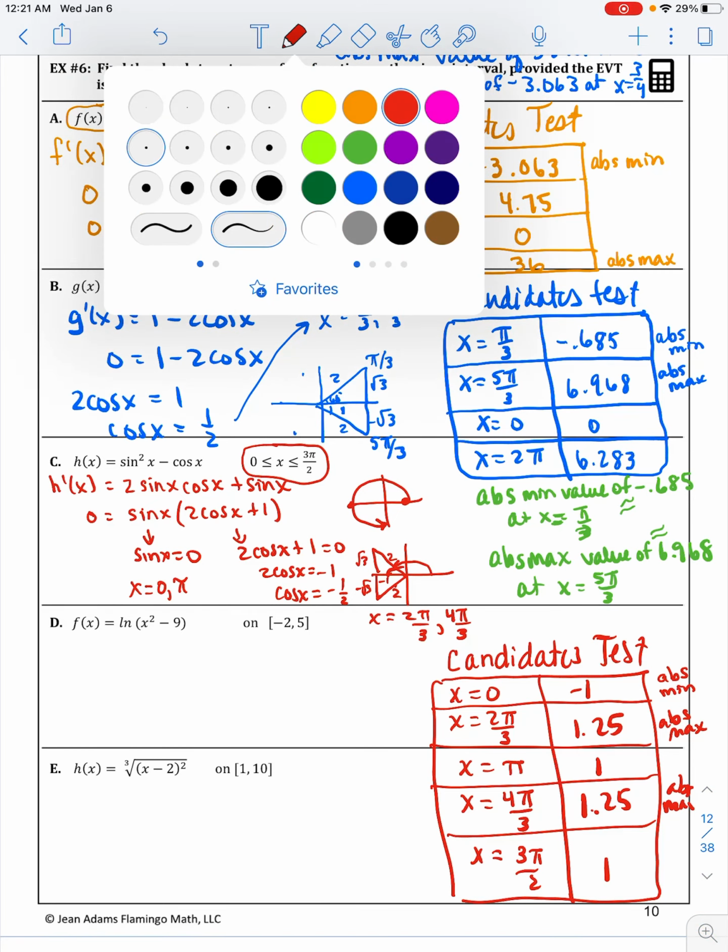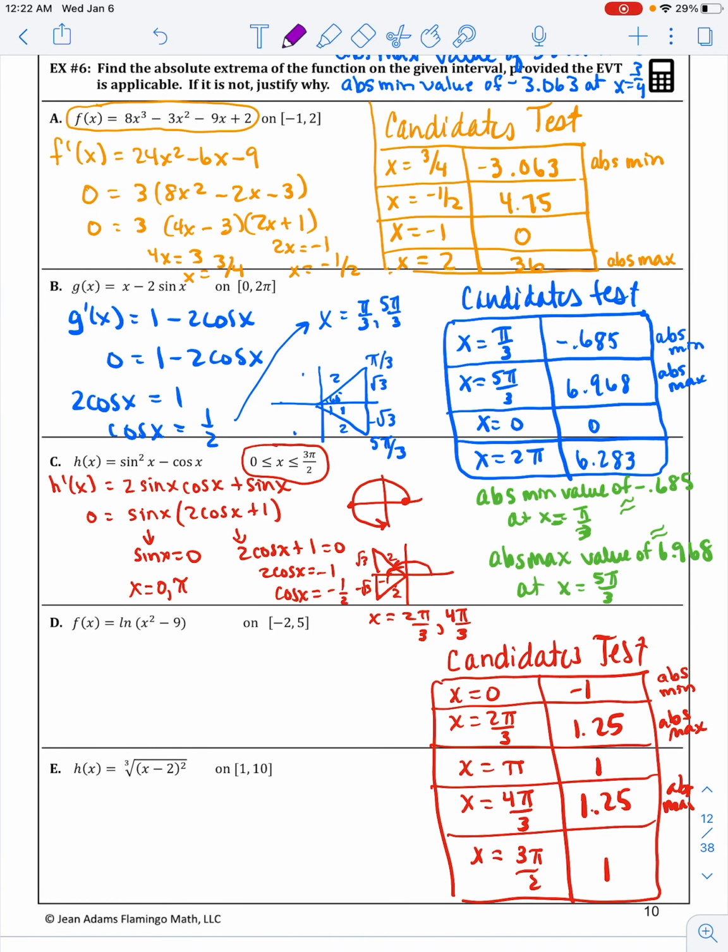So I'm going to change my color here. Purple. And so for B, that was B. We are on C right now.